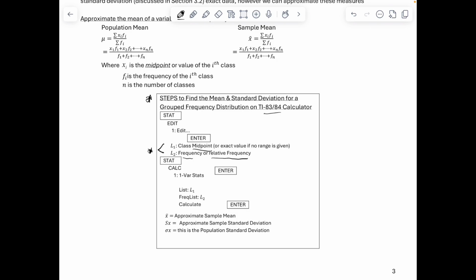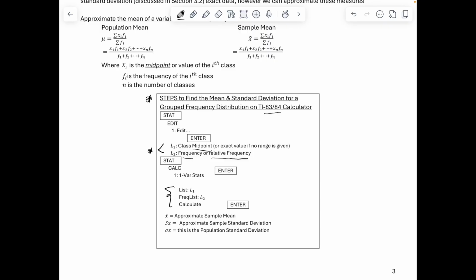Then we hit the Stat button again, go to Calc, choose one of our stats like we did previously, and hit Enter. You'll notice that it asks for some information to be listed. If you put your midpoints or data values in L1, then you type L1, and the frequency list you put in goes into L2. Make sure you tell the calculator where to look for those values.